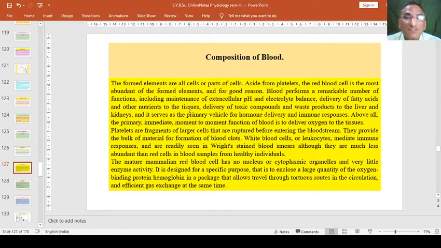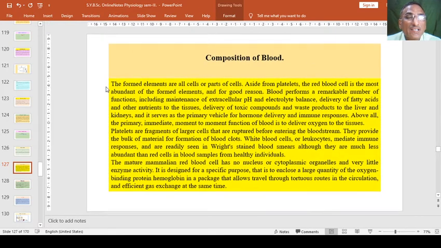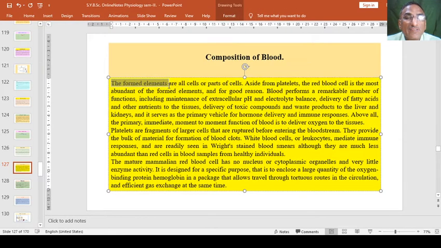We will study one by one. We have seen the plasma and the blood contents include the formed elements. These formed elements are all cells or parts of cells aside from the platelets, that is, RBC, WBC, etc.